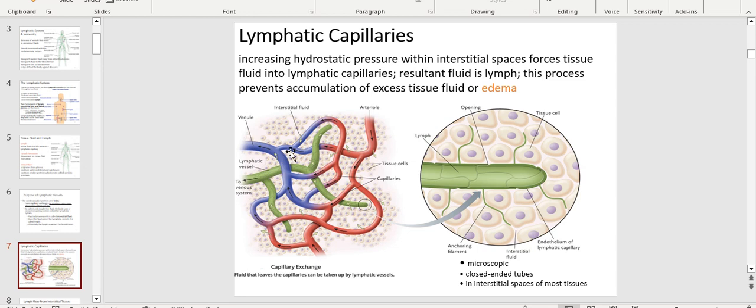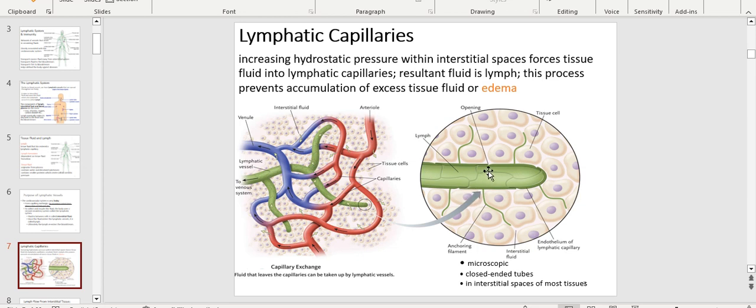But you'll see that the lymph system has dead ends. It's not a circulatory system per se. But wherever you find the cardiovascular system, you will find lymph vessels, and you'll see how they go. These terminal ends just go, and they're always in between the cardiovascular system. And at these ends, you'll see there are little openings.